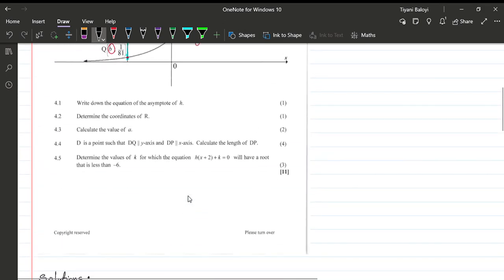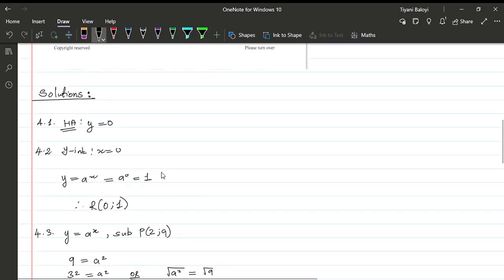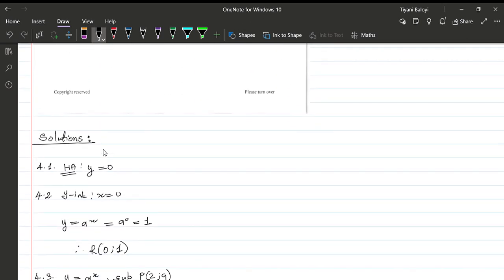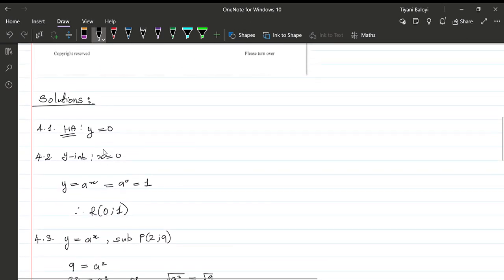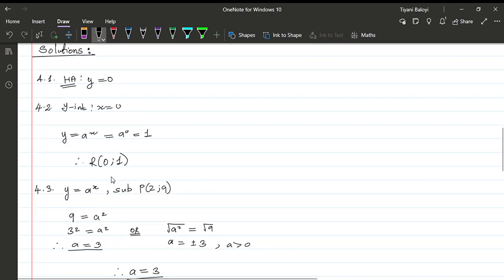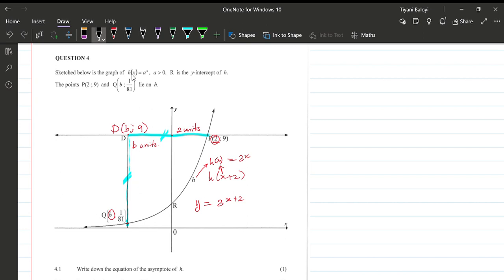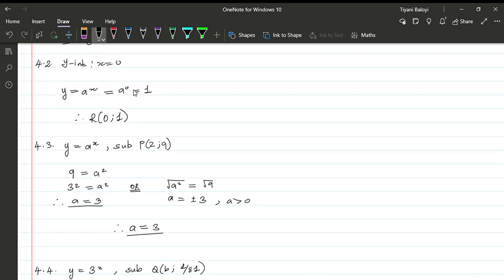So just a recap of what we did. We determined the horizontal asymptote, which is the value that your function approaches but never actually touches, right? We found the coordinates of R, which is a y-intercept. We know that x is equal to 0, so we substituted this into the equation we were given, y is equal to a to the power x, and a to the power 0 is 1.